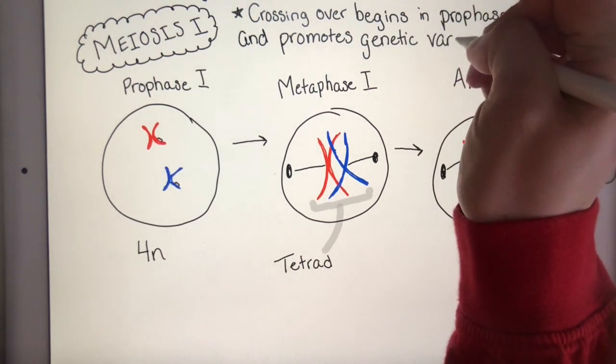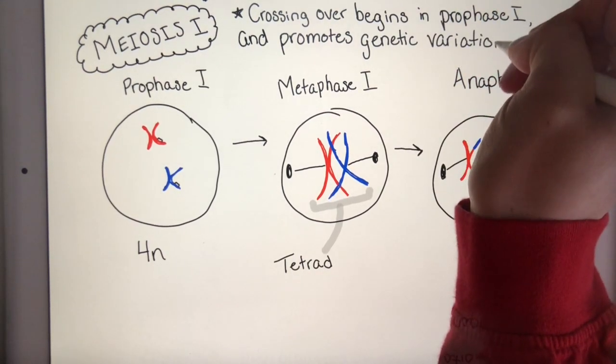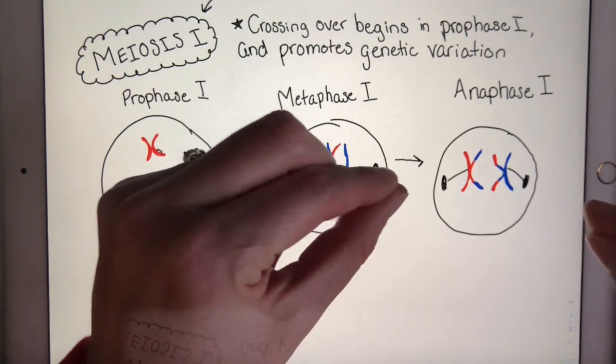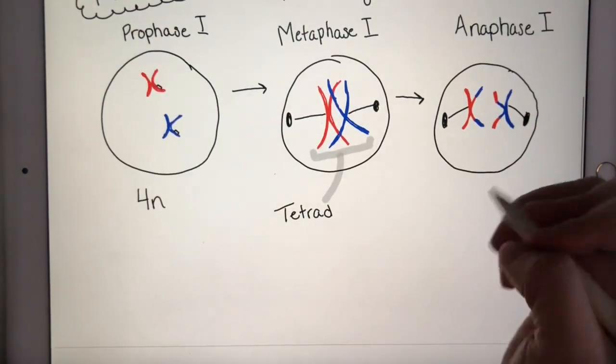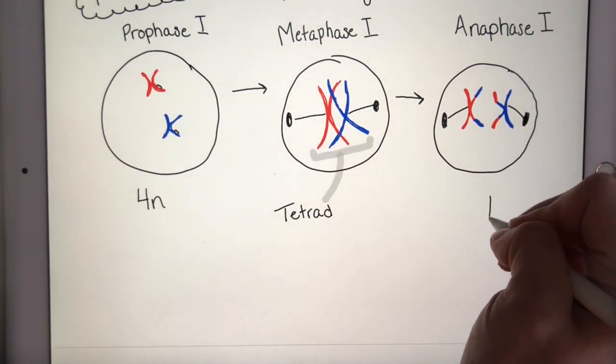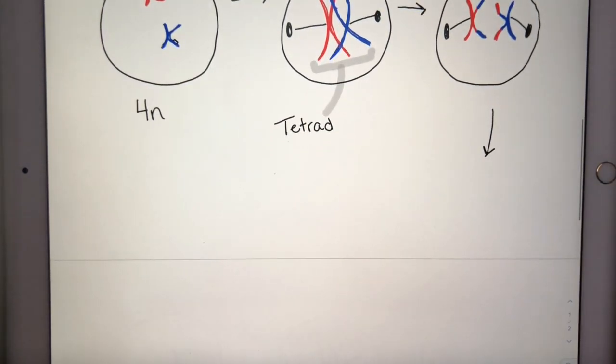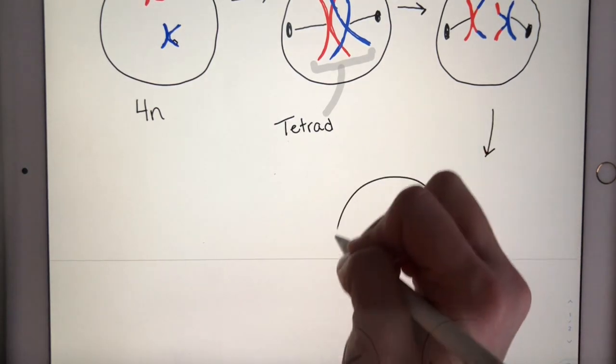And we will see why as we continue. After anaphase, sets of sister chromatids are going to be pulled apart from each other and they're going to go to their own sides of the cell. Remember that we call that telophase, and in this case we're going to call it telophase 1.